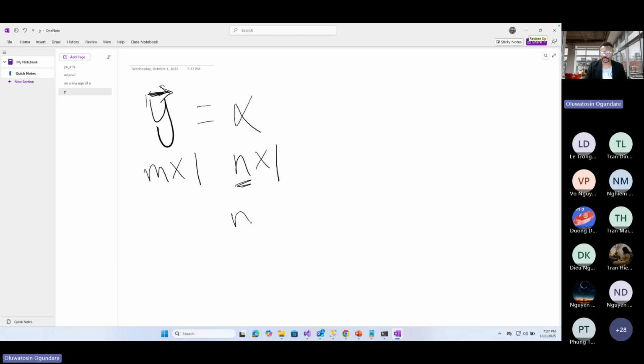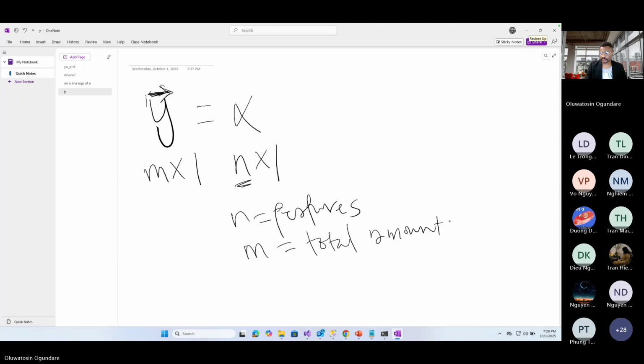So I have N features in my data set, but I have M of them. M is the total amount of data, N features. So every data has N features or N columns, if you will.